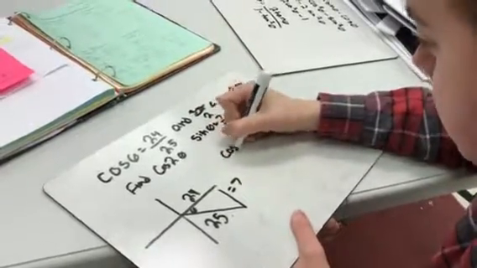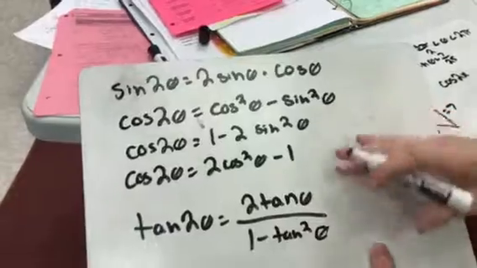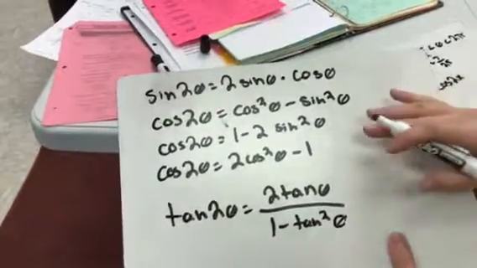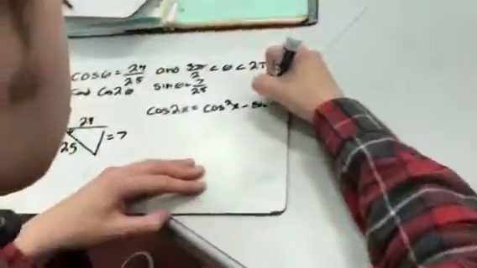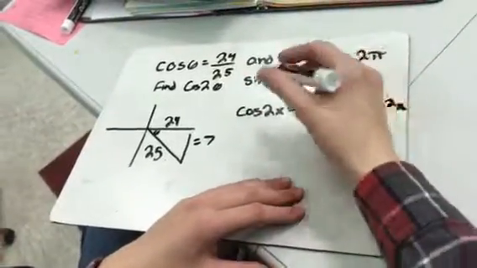So you're going to use the cosine formula. Personally, I'm going to use this one because it is much easier than the other ones, and this will get us a quicker answer. You can use the other ones, but this one is what I would recommend. So cosine 2x is equal to cosine squared x minus sine squared x. Then you plug in these values.